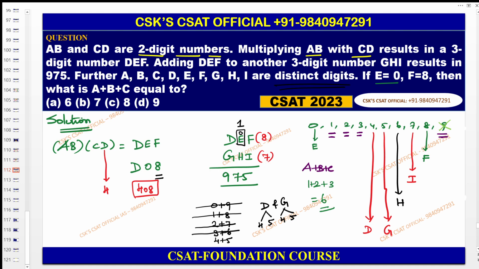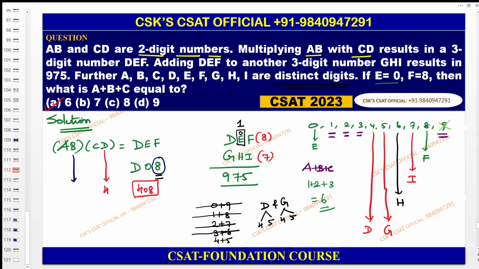Now, if you want to go further, you can go here. Listen very, very carefully. Check this one here. 8 in the unit place. So here 4. Then what could be the B here?